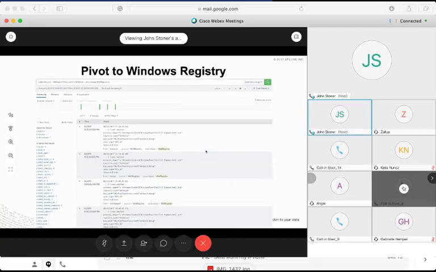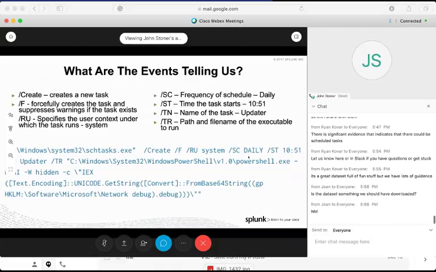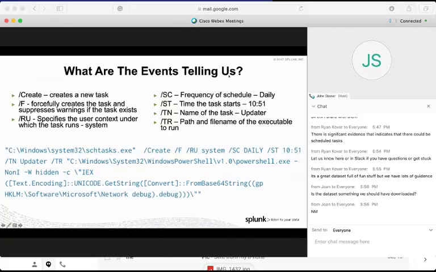So, sorry, really quick, going back down here, as I start looking at these pieces of information down below, I see the get string, convert from base 64 string, GP, and then I see NKLM. Whenever I see stuff like NKLM, or I start seeing these hierarchies, software, Microsoft network, right?